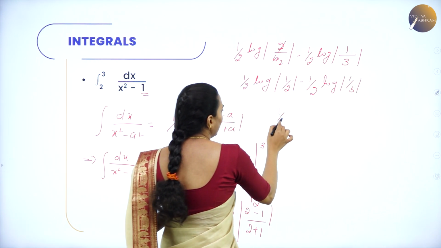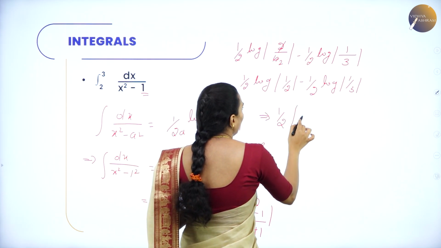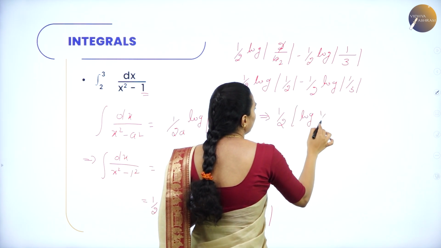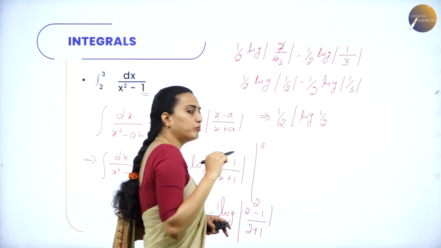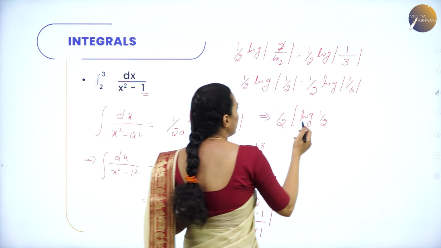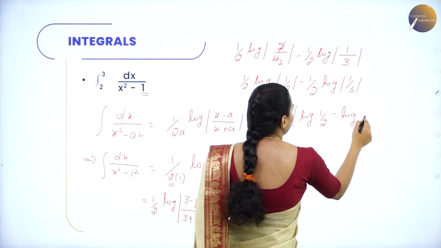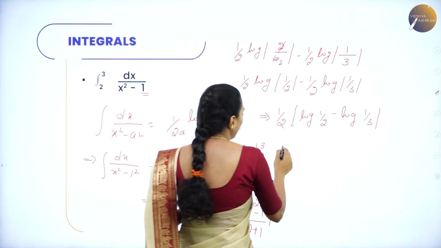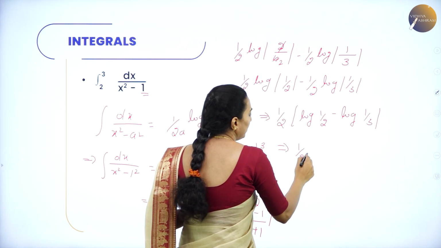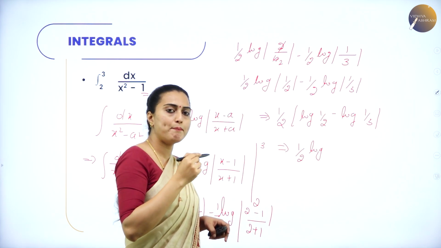Now if you want, you can take 1 by 2 as a common factor, and write log of modulus of 1 by 2, because log of modulus of x is log x only when x is greater than 0. Now 1 by 2 is greater than 0, minus log of modulus of 1 by 3, which you can write as 1 by 3. This looks like log m minus log n, which is log m by n.